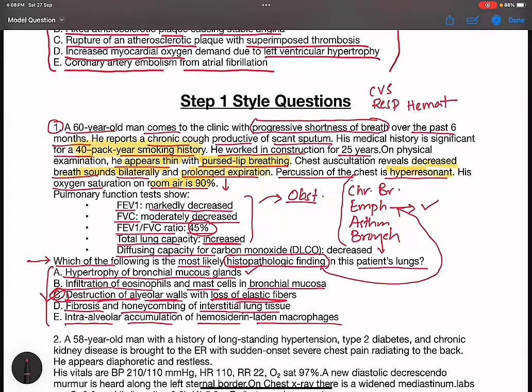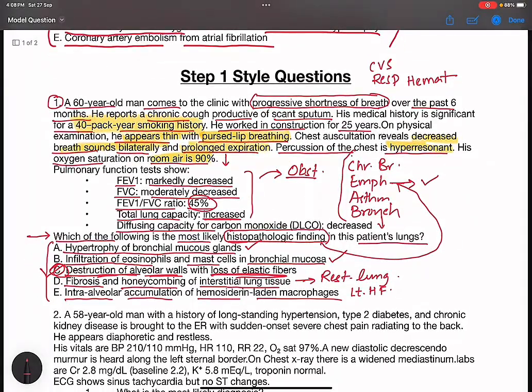Infiltration of eosinophils and mast cells in bronchial mucosa occurs in asthma. Fibrosis and honeycombing occurs in interstitial lung disease, which is a restrictive pattern of lung disease. And intra-alveolar accumulation of hemosiderin-laden macrophages occurs in left heart failure.